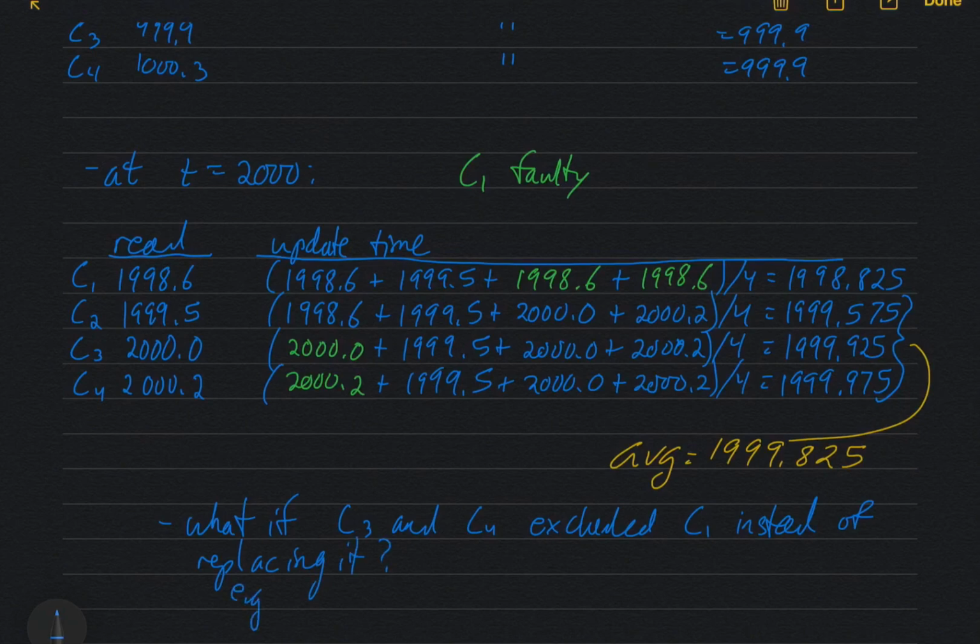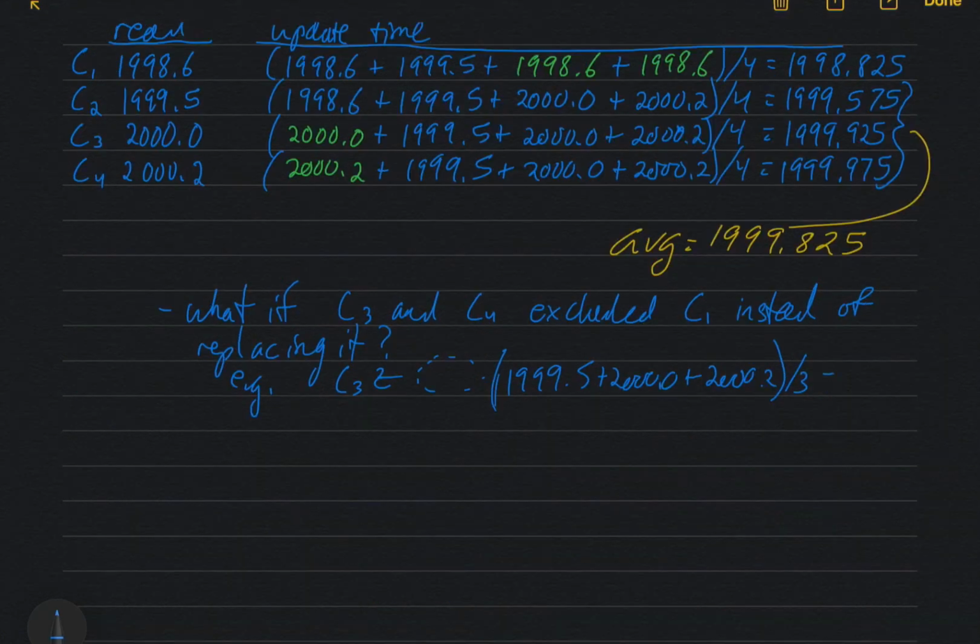So, for example, the C3, the new time, would be, we would leave out clock 1's time, so just nothing there, but it's just the other times. So 1999.5 plus 2000 plus 2002 all over 3, that equals 1999.9.